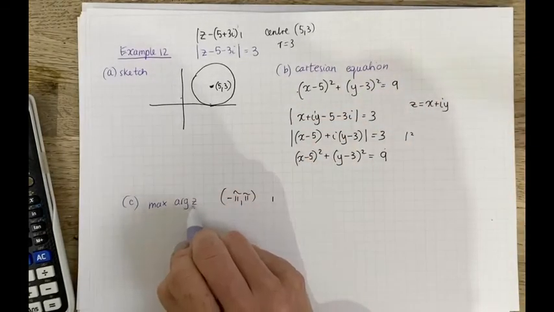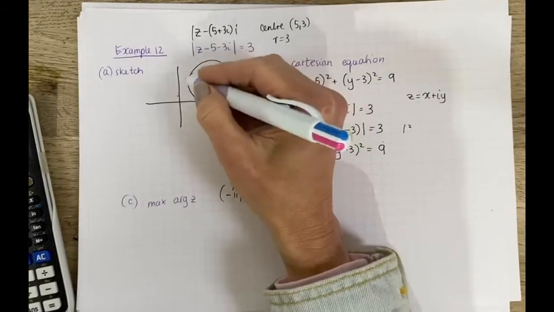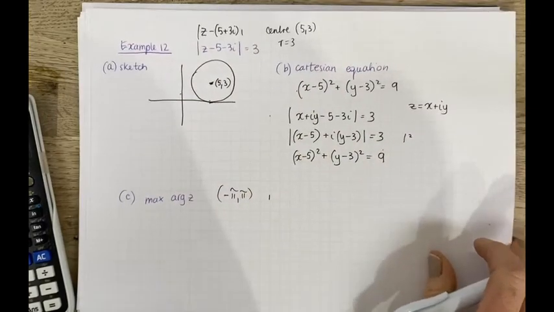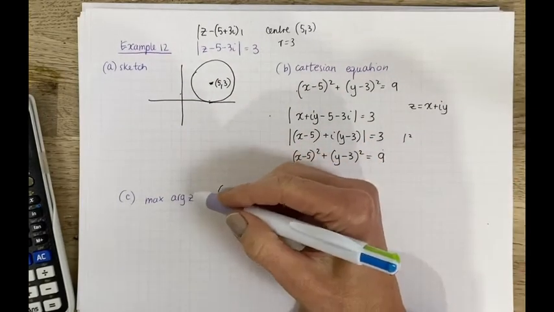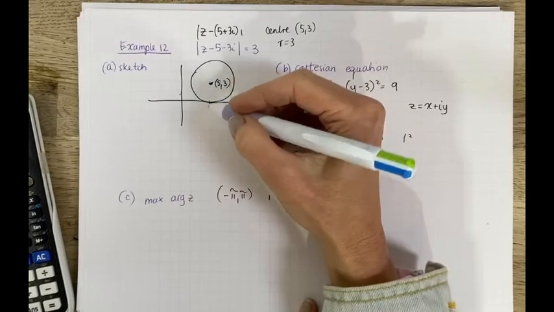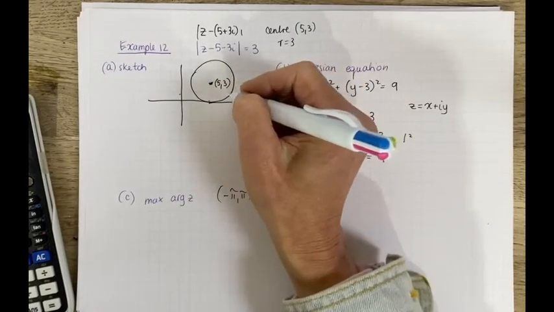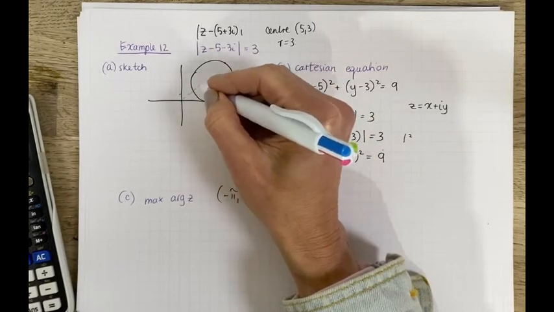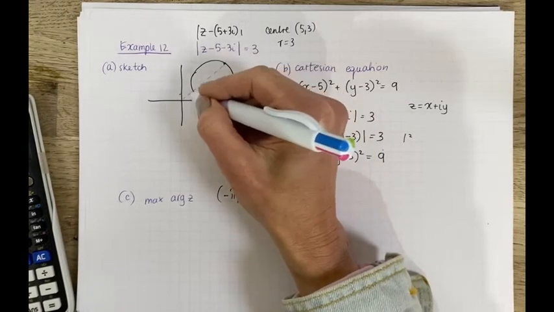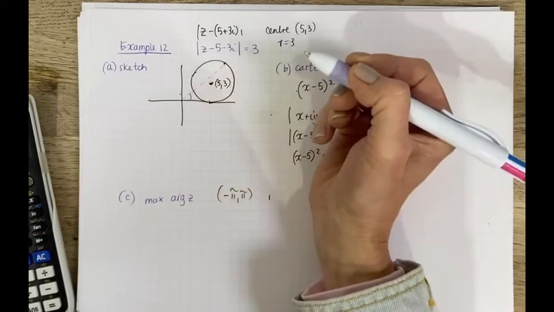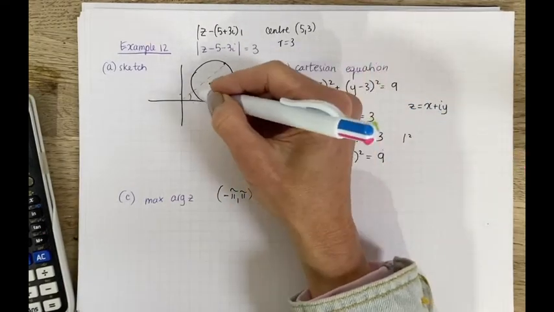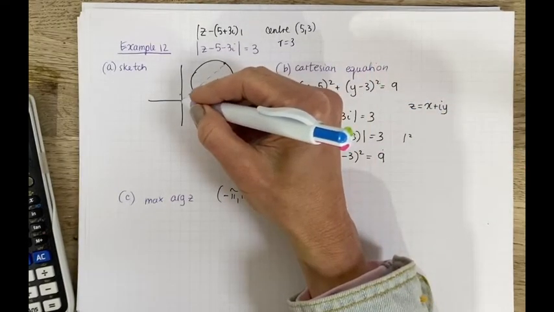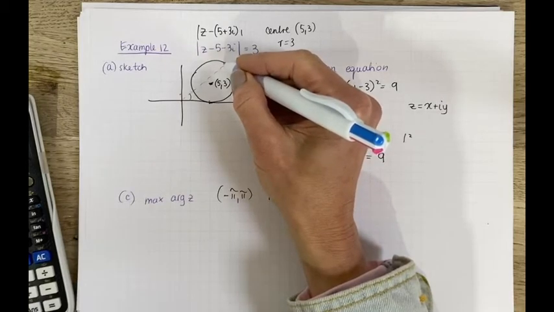My z numbers are all the numbers on the circumference of that circle, because these are the only numbers that satisfy this equation. Now, if I were to go to any point whatsoever on that circle, for example this one here, the argument would be the angle that the real axis makes with the line that joins the origin and the point.